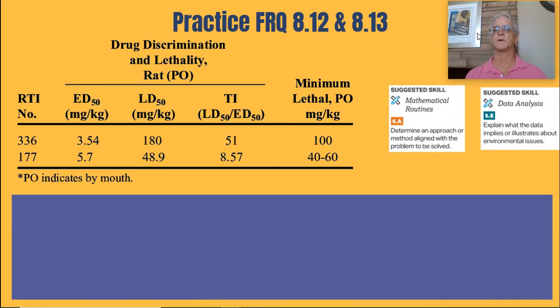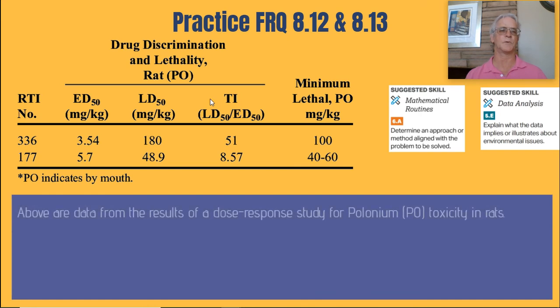So, the practice FRQ. Here we have drug discrimination and lethality in rats. The table shows RTI, which is basically which group they were, ED50, LD50, TI, which is LD50 divided by ED50, and maximum lethal. Above are data from the results of a dose response study for polonium toxicity in rats.